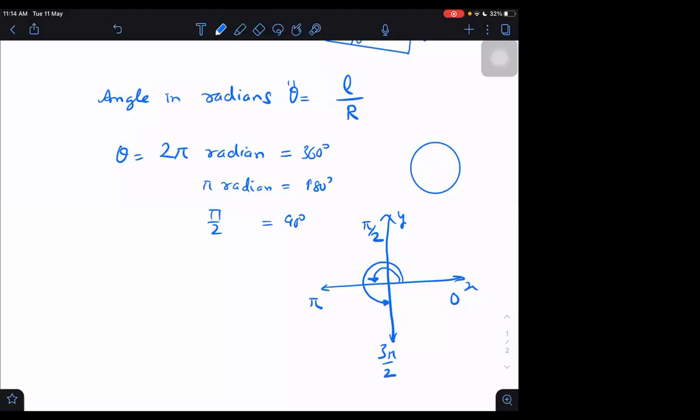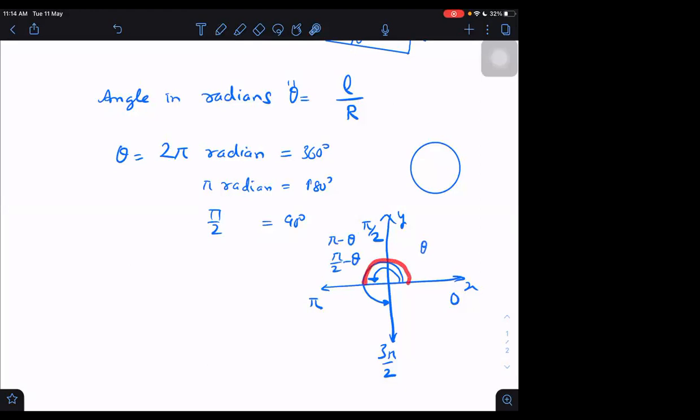The angles which lie in the first quadrant, if they are represented by theta, then angles lying in the second quadrant will be represented by pi minus theta. Why pi minus?